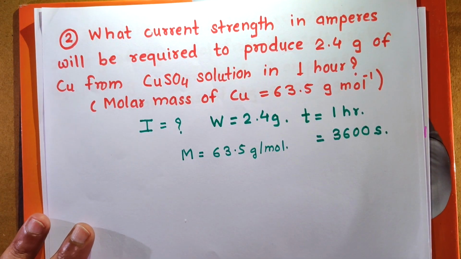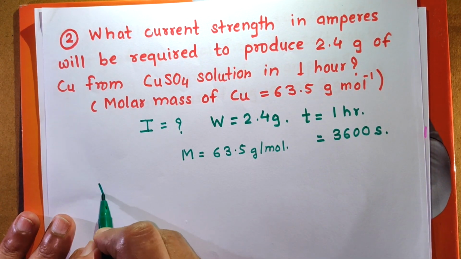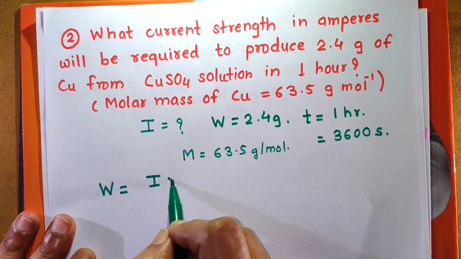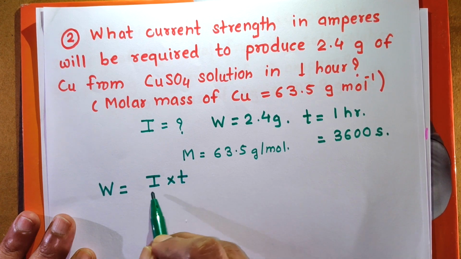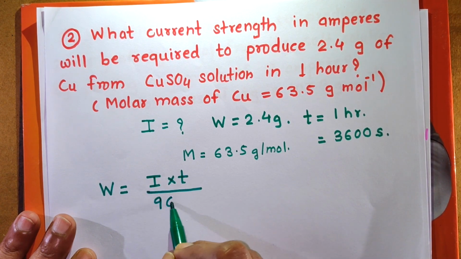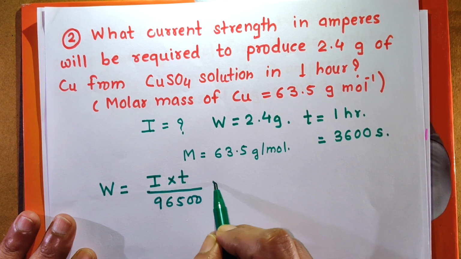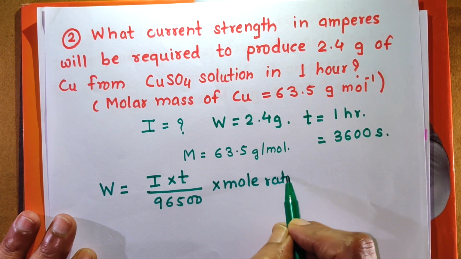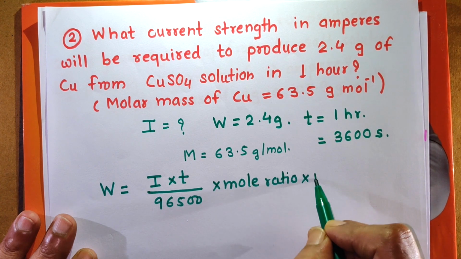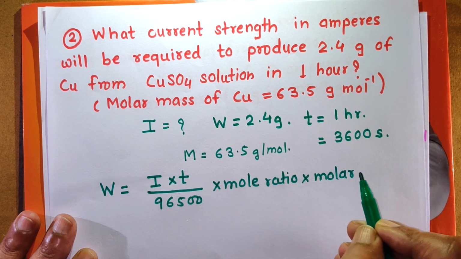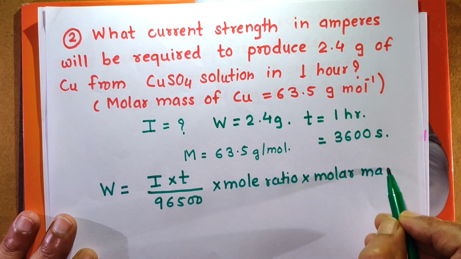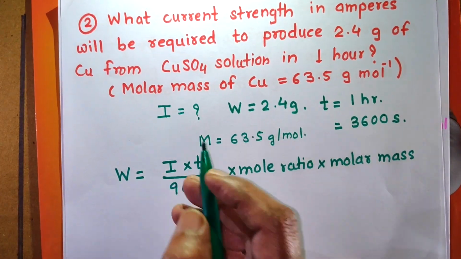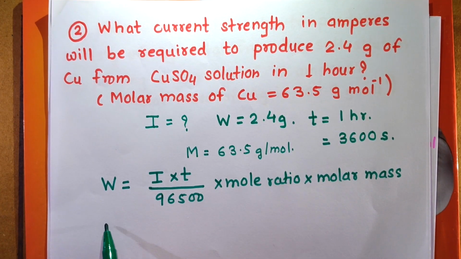Now, which formula you have to use? You know the formula, W is equal to I into T divided by 96500 into mole ratio into molar mass, or you can call it as M, capital M, molar mass. Now you have to calculate I, so modify this formula.